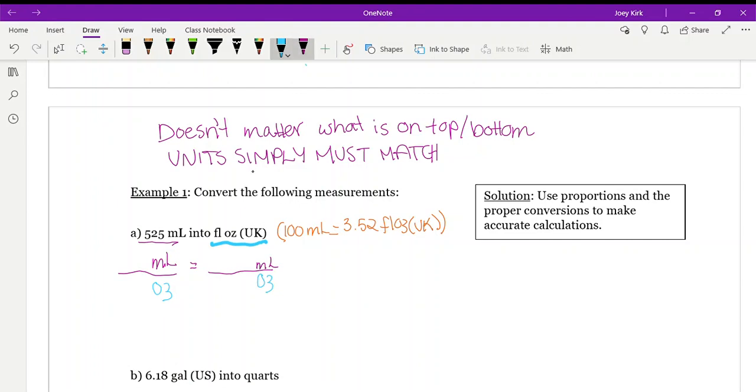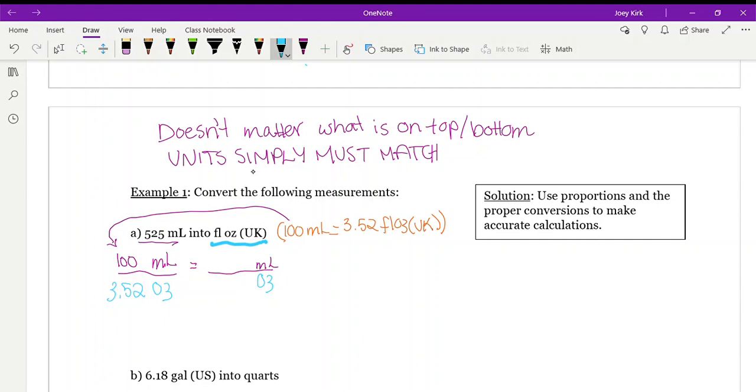Okay, let me change color. There we go. So we're going to start with what they gave us, or what our proportion is, okay? So this 100 mils goes in here. This is part of our proportion: 100 mils is equal to, as we know, 3.52 fluid ounces, okay? I forgot the FL, but that's okay.